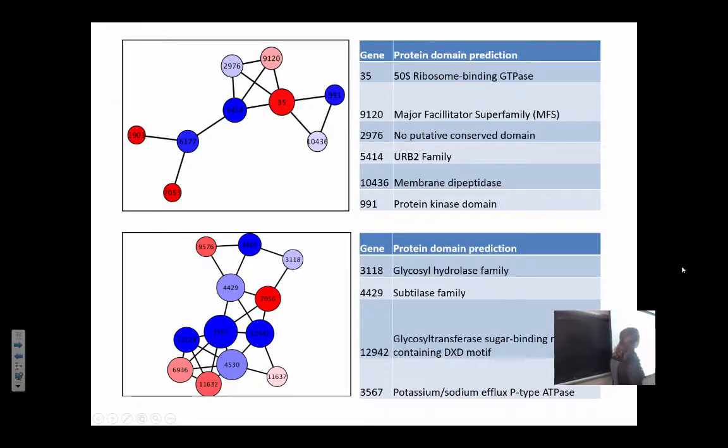And so based on the putative protein function, I narrowed it down to these 2 networks as the most likely networks.